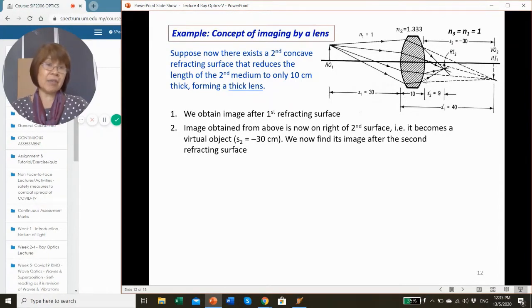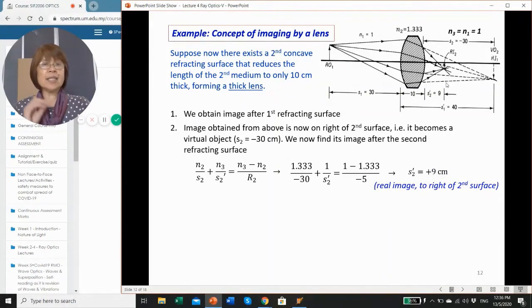When you add a second refracting surface, this image now becomes the object for the second surface. If you look at this diagram, the second object is on the right side of this surface, so we take it to be virtual. We calculated that this is 40. Since this is 10, this will be 30. But it is on the right side of this refracting surface, so it is virtual. We will put a negative sign here.